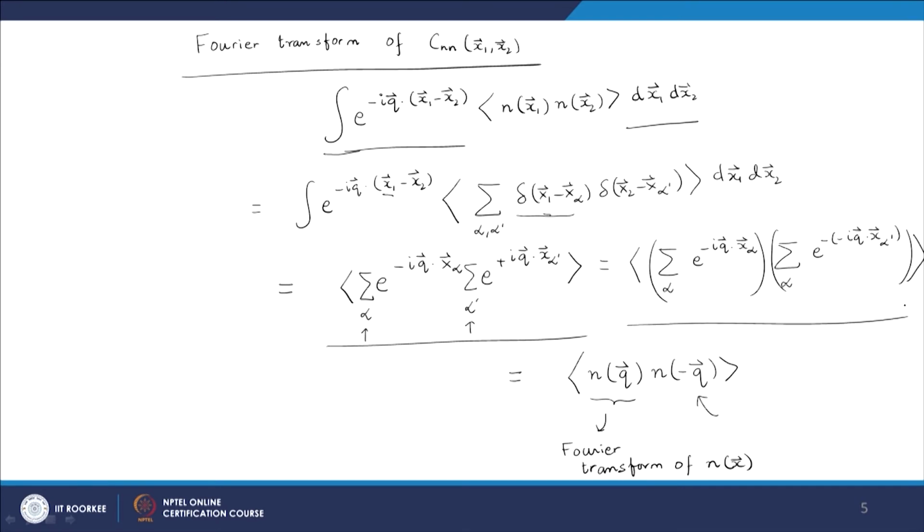Okay. So, this gives me I of q. So, now we have a perfect relation. We can theoretically get the number density correlation function, or by a simulation we can get that quantity, and I will Fourier transform that, and I will get the structure function that I can then get by experiment, and then we have one way to compare the theory with experiments.